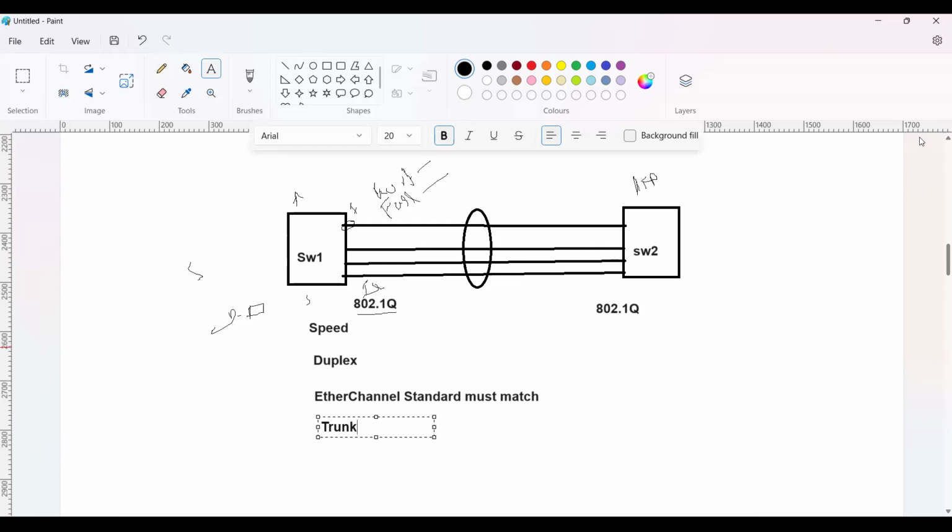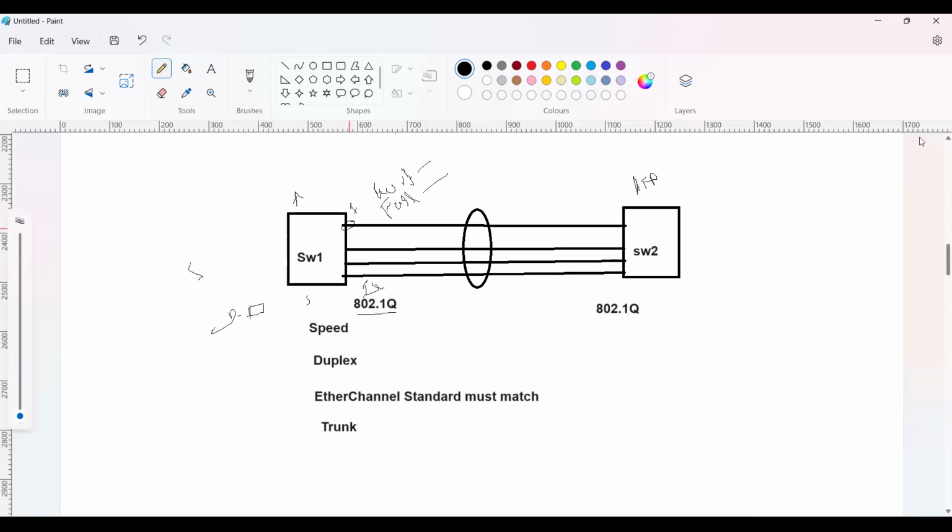And apart from that, the trunk allowed VLANs. If you enable trunk and allow VLANs like VLAN 1, VLAN 2, up to 10 VLANs, whichever VLANs you are allowing on this port must match. And the native VLAN. By default native VLAN 1 is enabled, so that must also match.